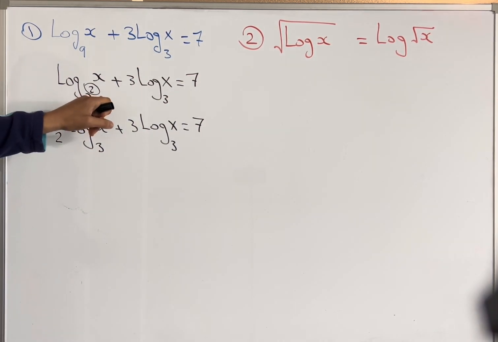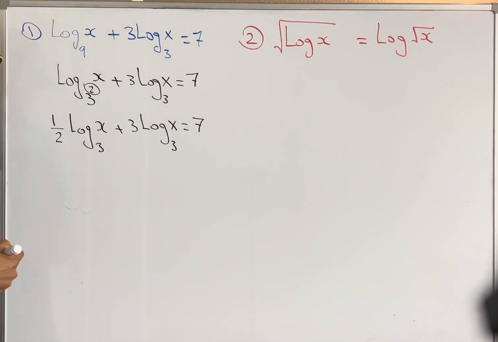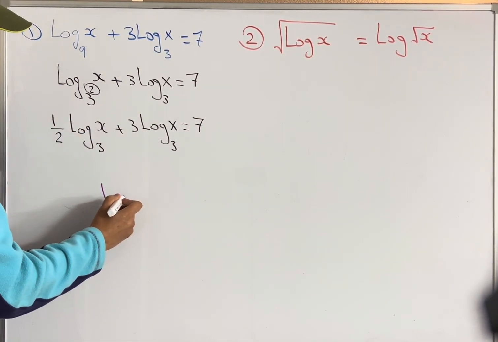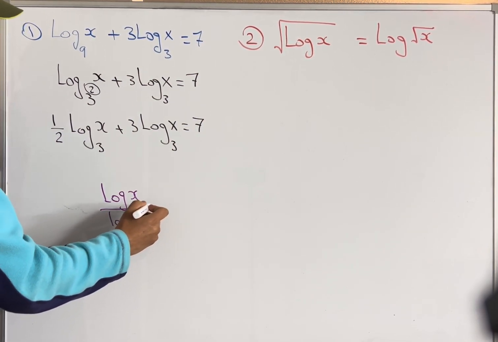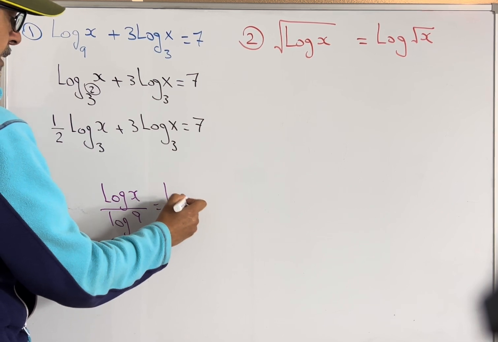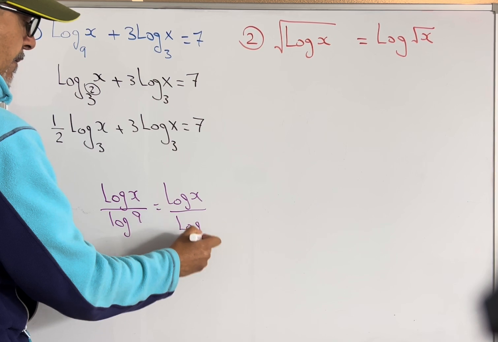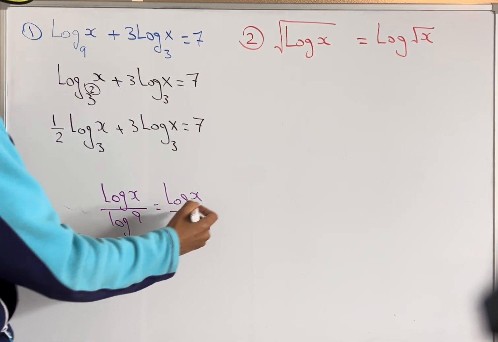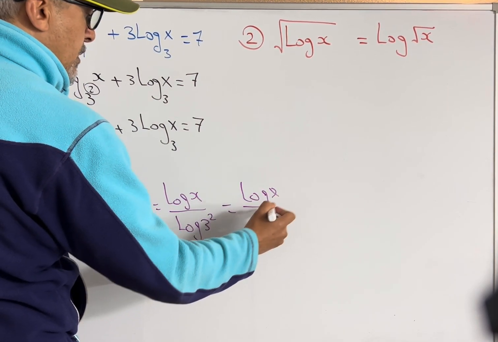Now you could ask, how can we pull this out and make it 1/2 in front of the log? I will explain that to you. According to change of base, I could change this to log x over log 9. That becomes log x, and the 9 here we could make it 3 squared. Now I could pull the 2 down according to the log rules.